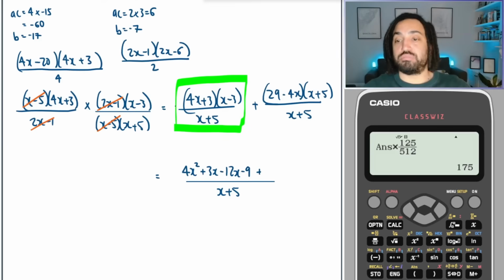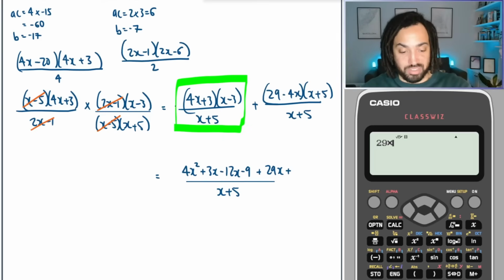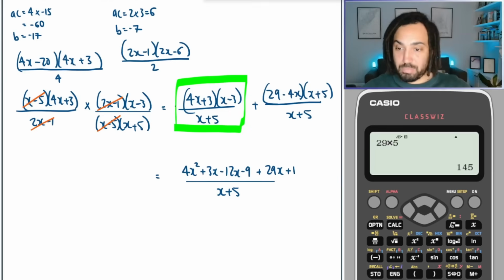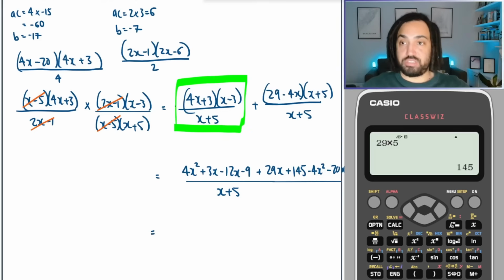And we're going to add on this one here, which is 29x plus, I don't want to make a mistake, so I'm going to go to the calculator. 29 times 5, 145. We're also going to have minus 4x squared, that's interesting, and we will also have minus 20x. Okay, just about fitted onto the page there. That cancels with that.